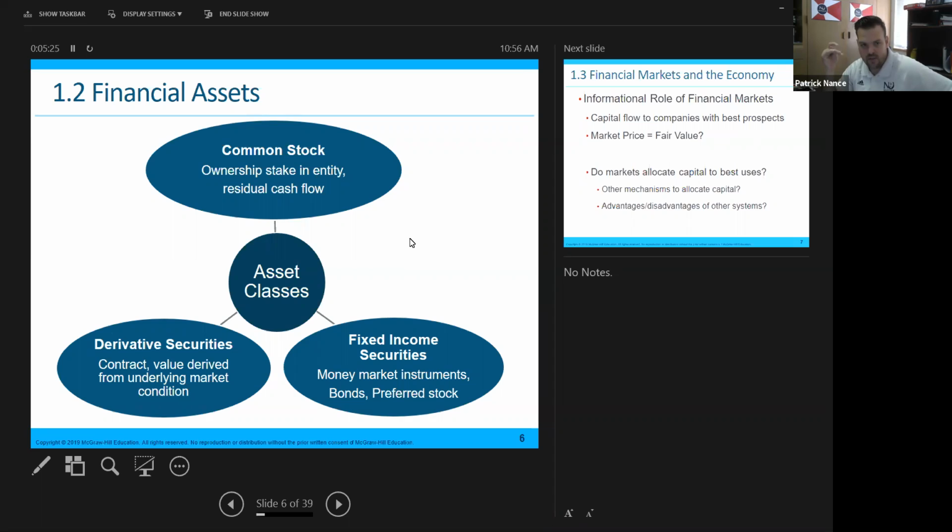Derivative securities are contract values derived from underlying market conditions. So an example of that is things like options. Okay, so you can buy an option, and an option works effectively. You say, I want to purchase an option to buy, let's say, I think the book uses Intel stock.